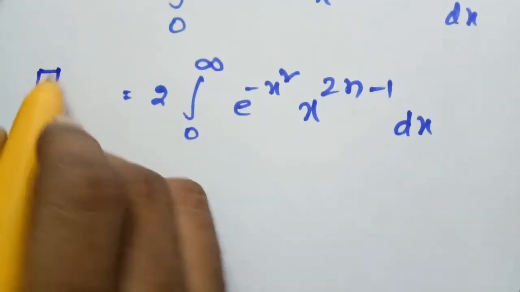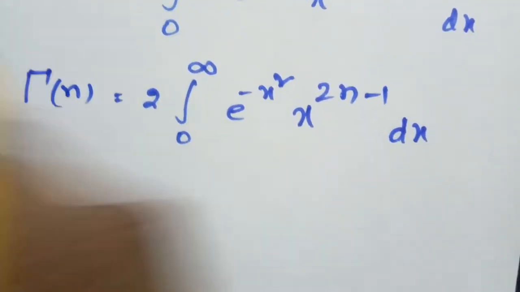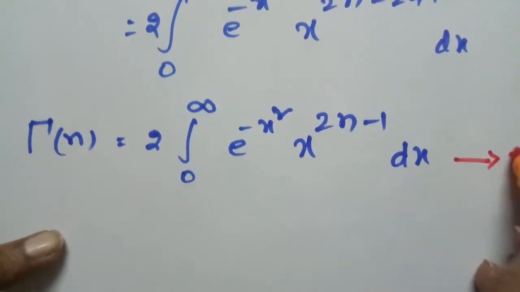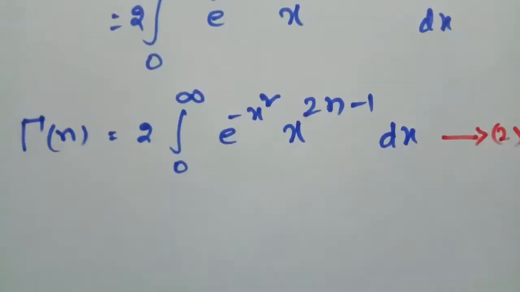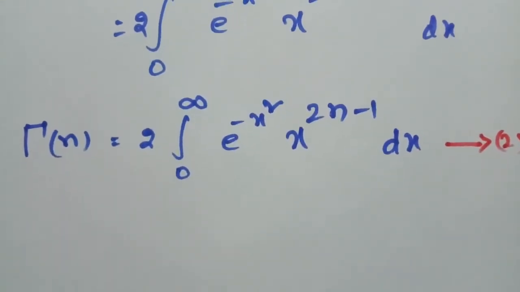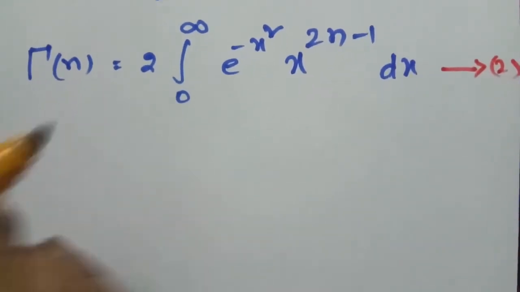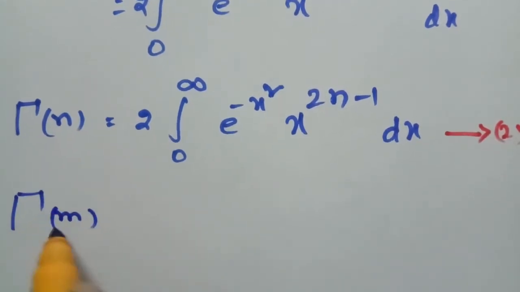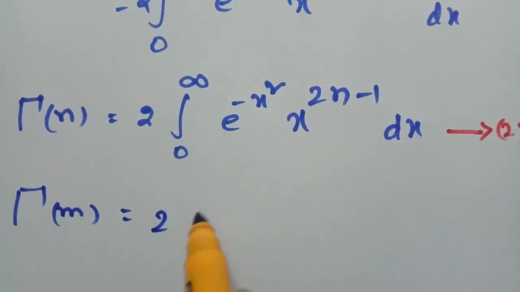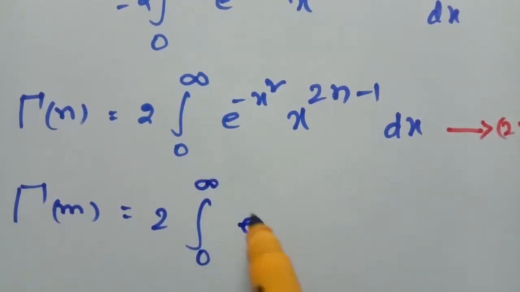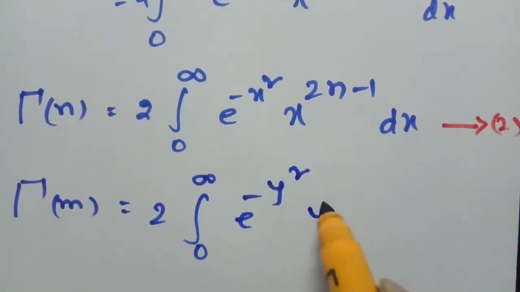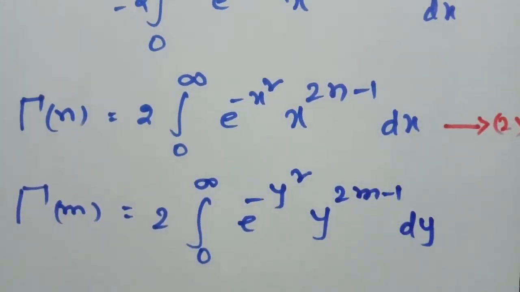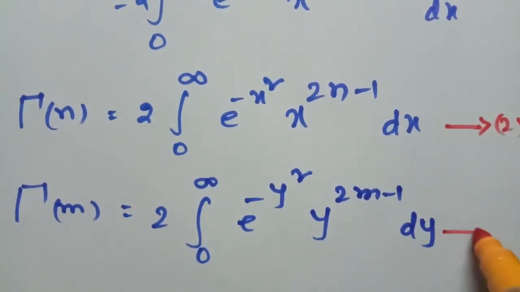This is gamma n. Say this is equation number 2. Similarly, gamma of m is equal to 2 into integral 0 to infinity e power minus y square into y to the power of 2m minus 1 into dy. Say this is equation number 3.